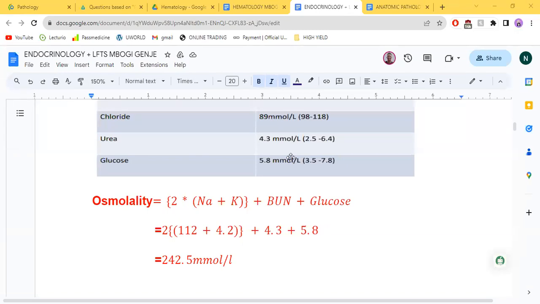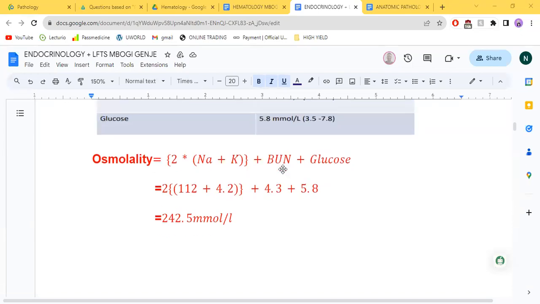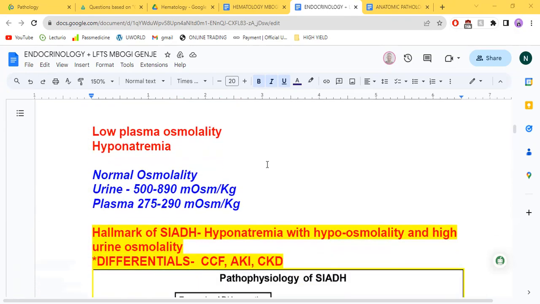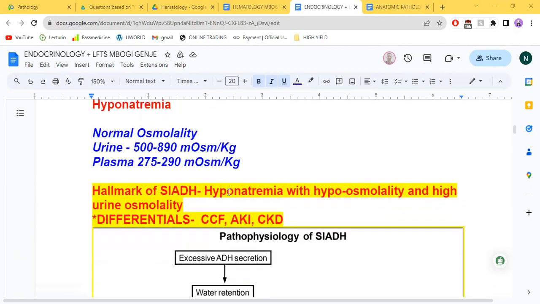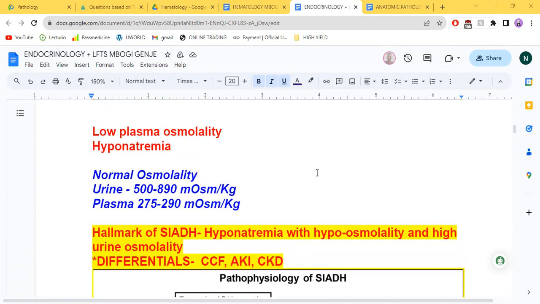Syndrome of inappropriate antidiuretic hormone secretion. Yeah, so the hallmark of SIADH is hyponatremia with hyposmolality, which is plasma osmolality, and high urine osmolality, as we have seen here.